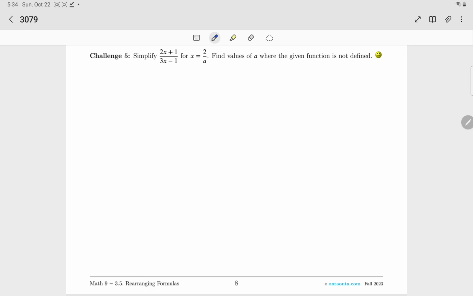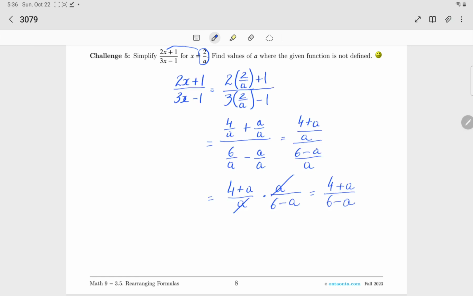In challenge 5, first we will substitute 2 over a for x, and next we're going to simplify the expression. This gives us 4 plus a over 6 minus a. We see that a cannot be 0, since we cannot divide any number by 0. It will be undefined.